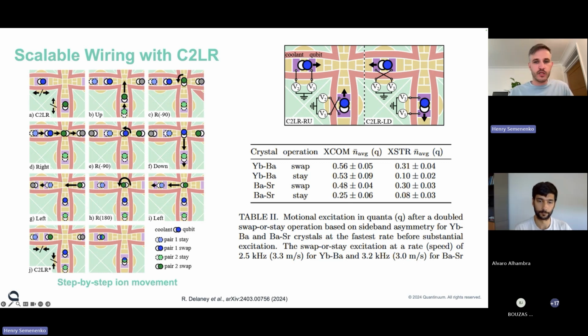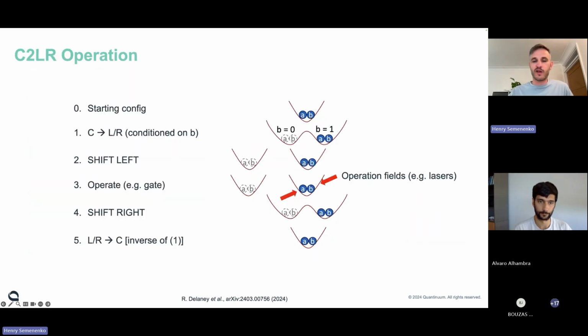But what I'm going to do is just show you a more cartoony demonstration of what this looks like. And so we start in our initial configuration. We can either apply our signal or apply our switch or not. And so this will condition whether the qubits will either move to the left or move to the right.